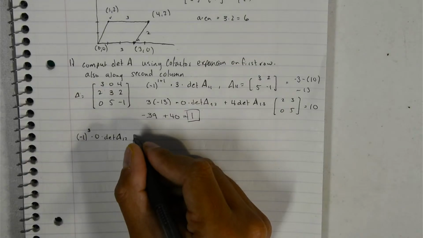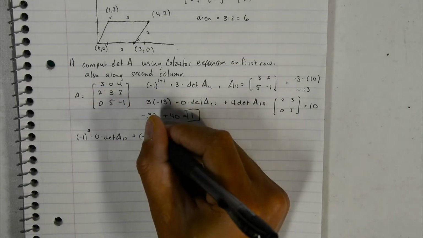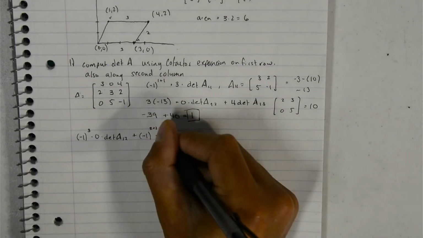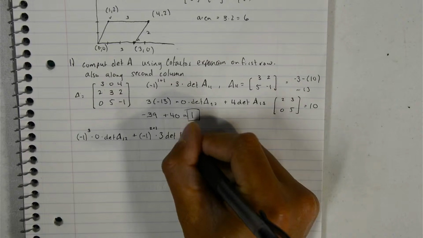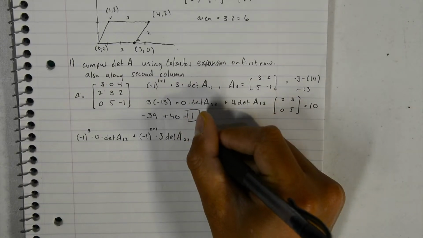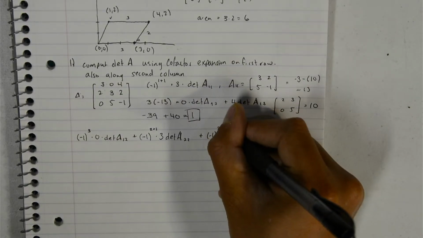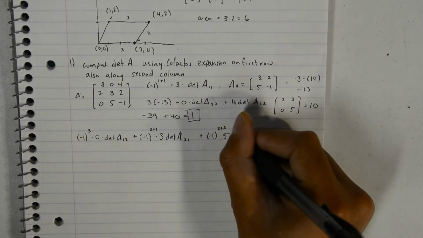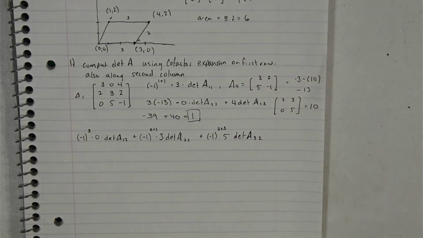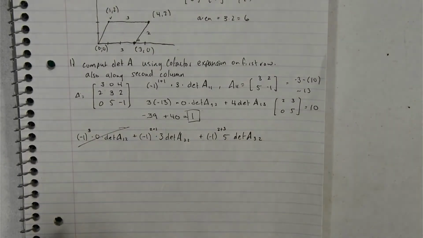Then we're going to get plus minus 1 to the 2 plus 2, that's just 1, times 3 det A22, and then let's just write out the rest. So plus minus 1 to the 2 plus 3 times 5 det A32. All right, so this is 0, so we can just get rid of that.